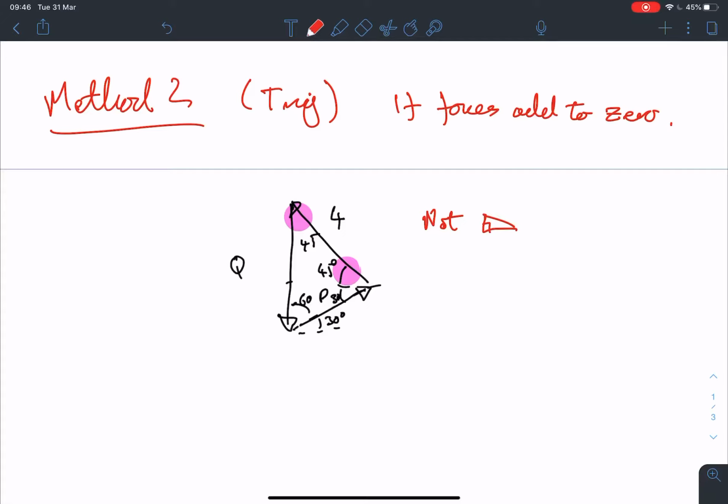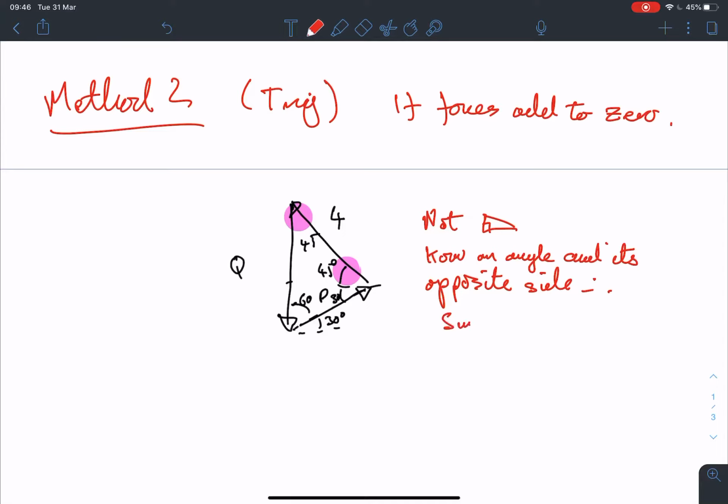What do we know? We know an angle and its opposite side. Therefore, what are we going to use? Yeah, you've got it, Connor? I hope anyway.